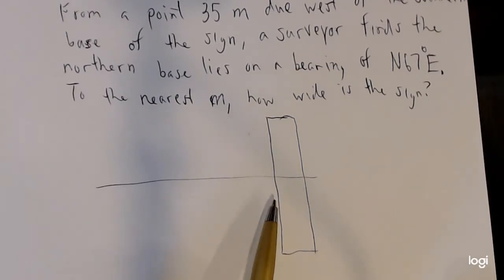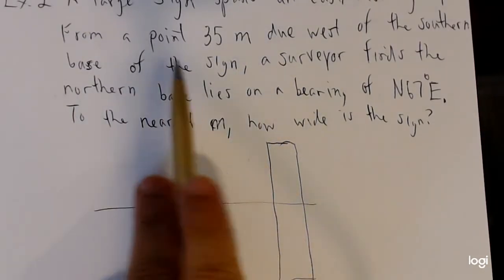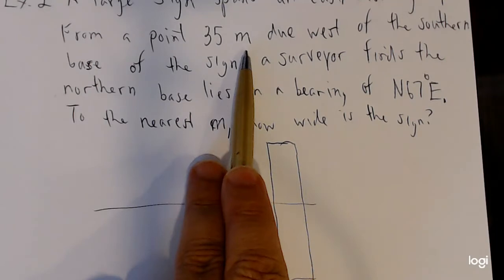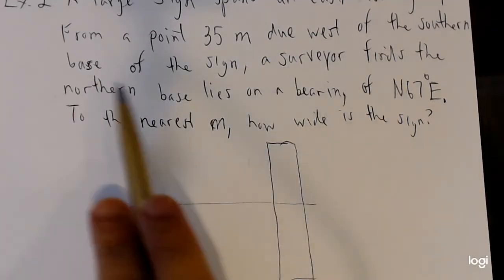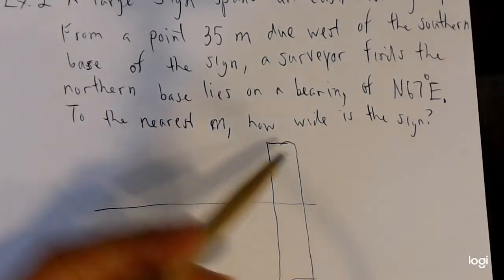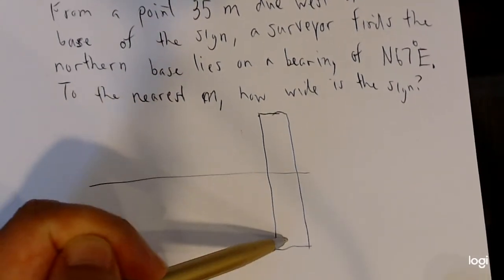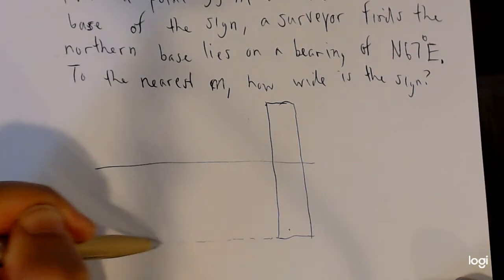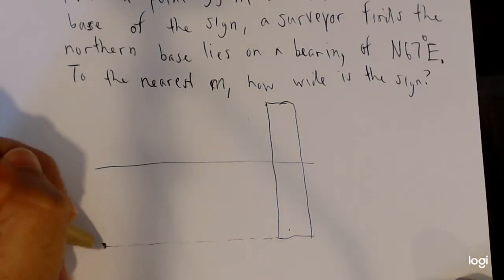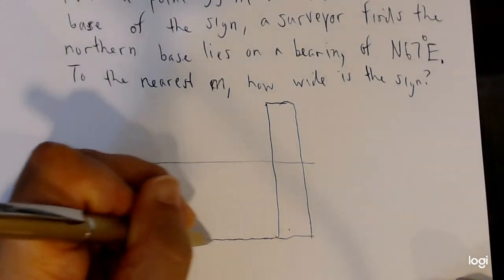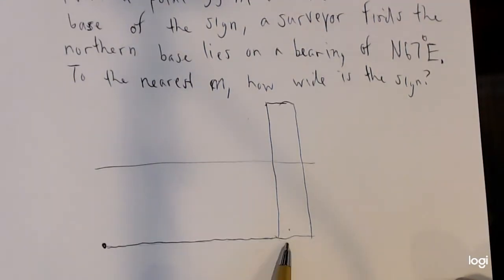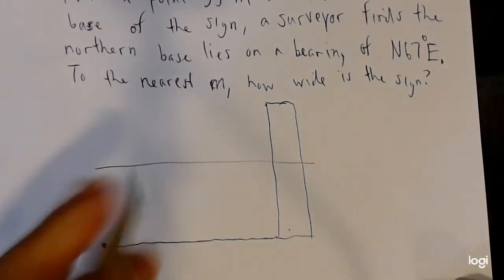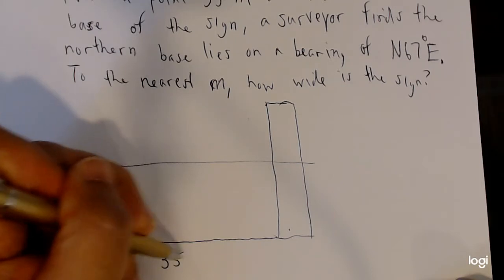So then what are we saying here? Then it says from a point 35 meters due west of the southern base of the sign. So that's the northern base, this is the southern base. So if I go 35 meters, so they're saying this point, let's say, which this distance from the southern base to that point is 35 meters, okay?